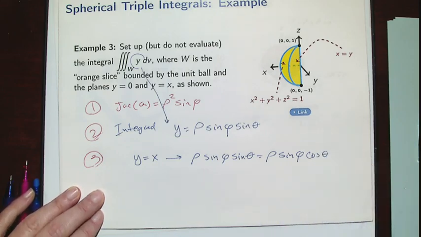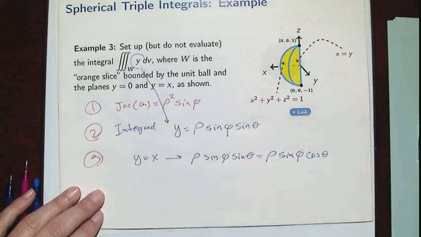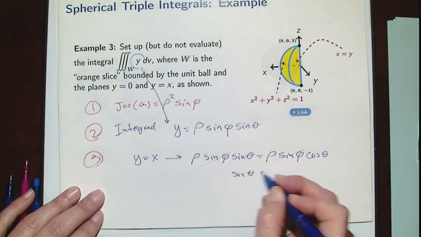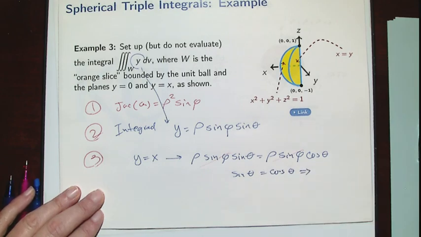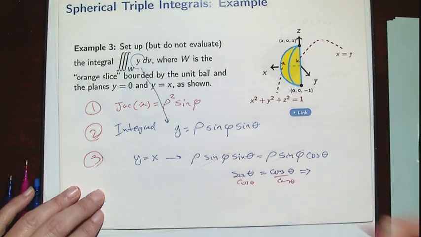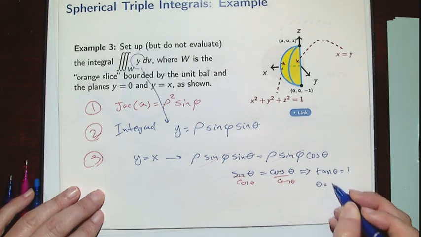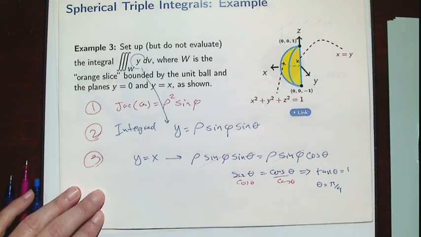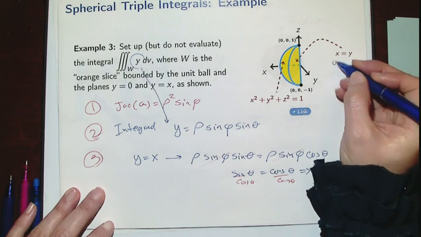What does that give me? Sine theta equal to cosine theta. So what is that? It's pi over 4. I can divide by cosine theta. In pre-calculus, we learned that we can divide by cosine theta and get tan theta equal to 1. So theta is pi over 4. And that matches the picture, right? Theta equal to pi over 4 is right here.